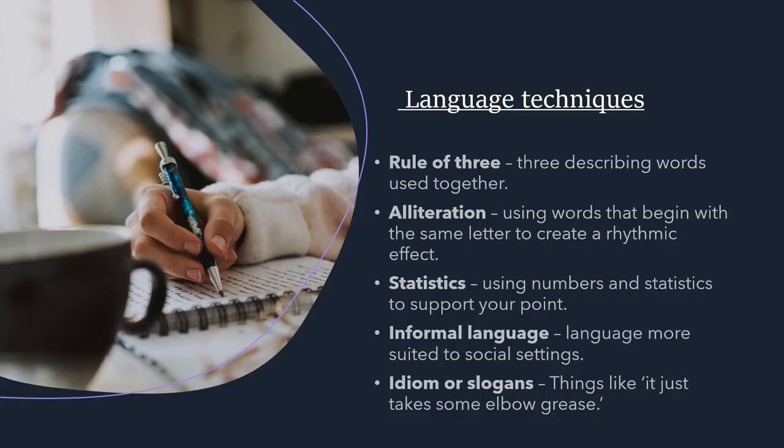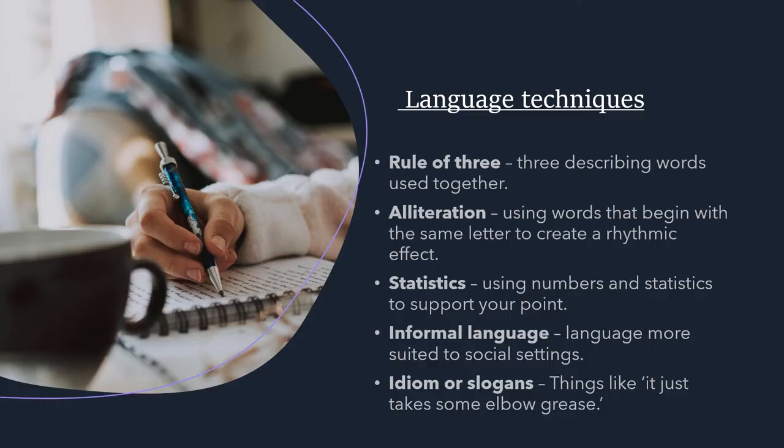For example, if you had two positive words with one negative word, it wouldn't make too much sense. It just makes that compliment all the more powerful, or you can use it in a negative sense. If I was talking about a restaurant, I could say it was unclean, dirty, and disgusting. And even though those words are very, very similar, it makes that a little bit more powerful that I've included three.